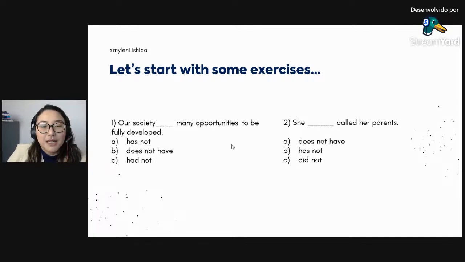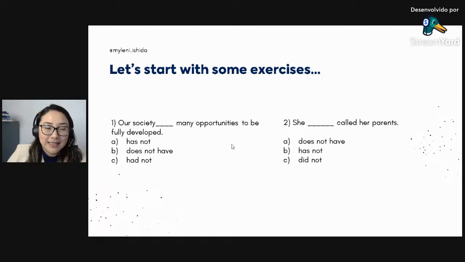So if you want to say our society many opportunities, and then you are going to say, "Teacher, but I wanted to say, a nossa sociedade não tem muitas oportunidades," right? So when you use the verb in this sense, you are using the verb have as a kind of possession, okay? That's why in this case, we have to choose letter B.